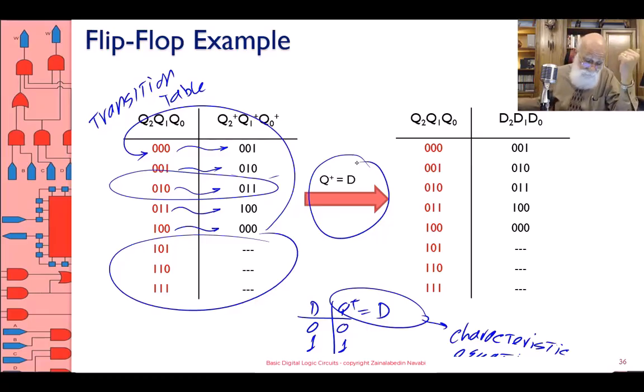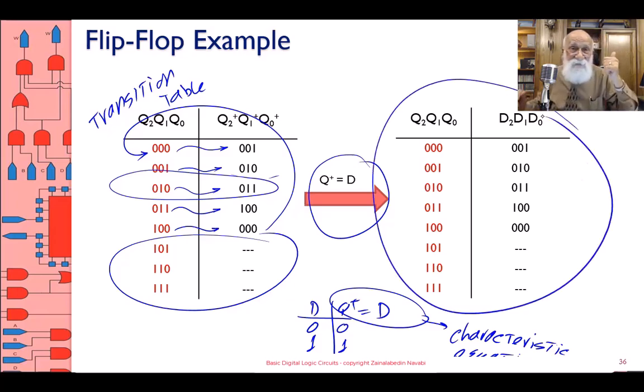So what I say is this. The transition table is a little bit difficult for me to deal with because that's not like a truth table. It has timing in it. But this table on the right-hand side that decides on the values of D doesn't have timing, and it looks exactly like a truth table.